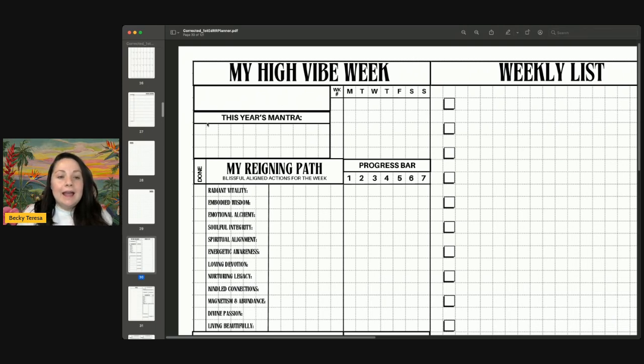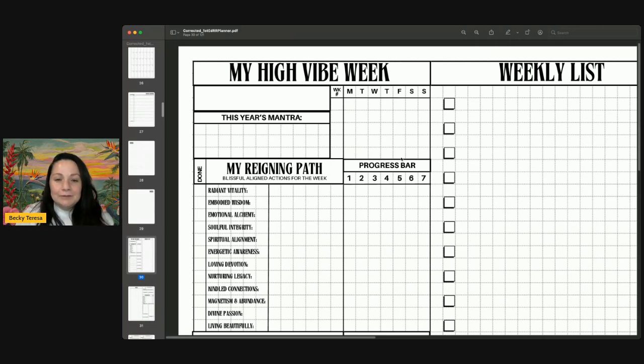Then every year I come up with my mantra, which we talked about in the previous video, and I write my mantra here for the year. This is my crown design mantra, and I want to keep it at the forefront of my mind every single week, so I write it right here in this little box so that it's right there. I think it took me a good 12 weeks to memorize it for whatever reason, but I've definitely got mine memorized now.